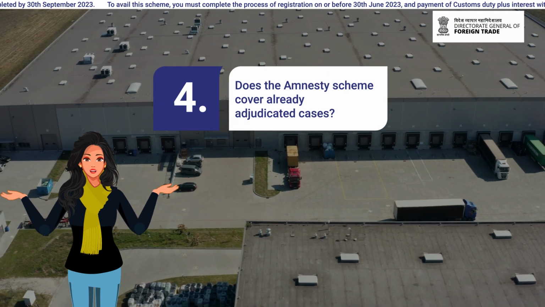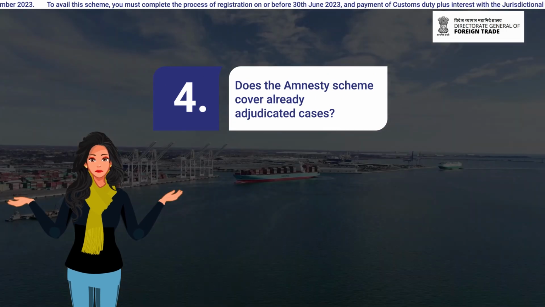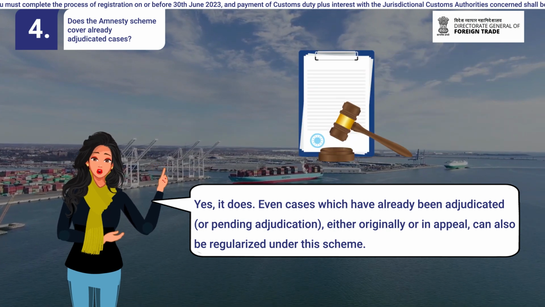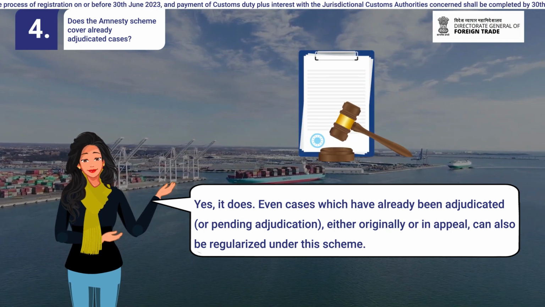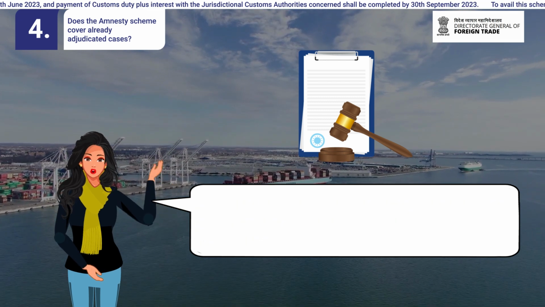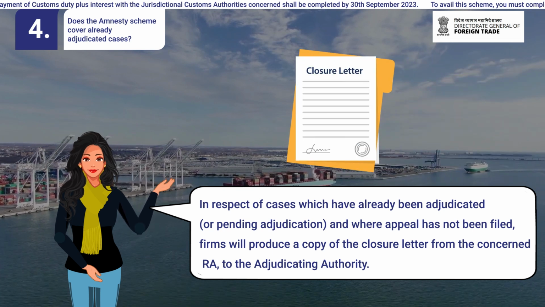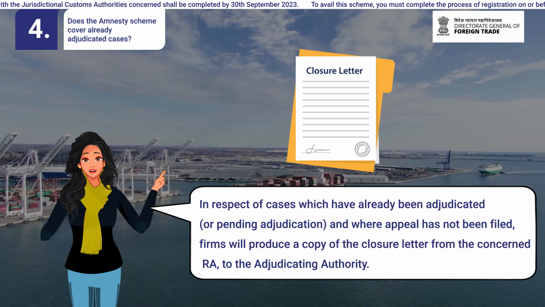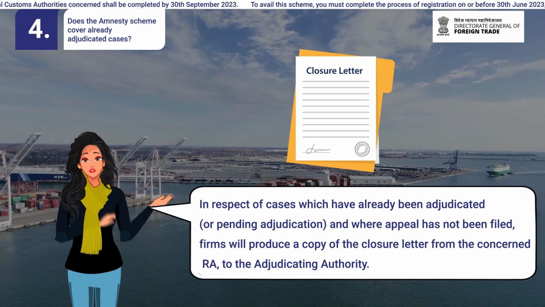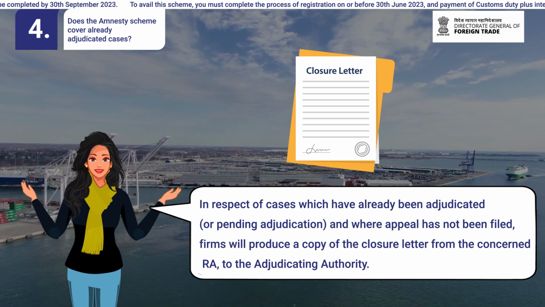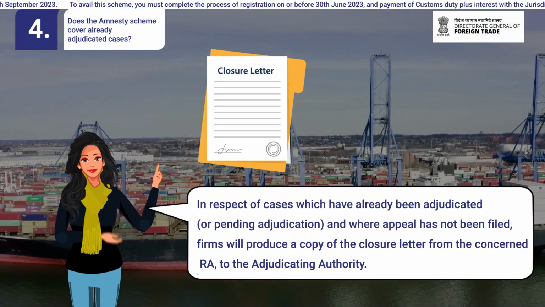Does the Amnesty Scheme cover already adjudicated cases? Yes, it does. Even the cases which have been already adjudicated or pending adjudication, either originally or in appeal, can also be regularized under this scheme. In respect of cases which have been already adjudicated or pending adjudication and where the appeal has not been filed, the firm can produce a copy of the closure letter from the concerned RA to the adjudicating authority.